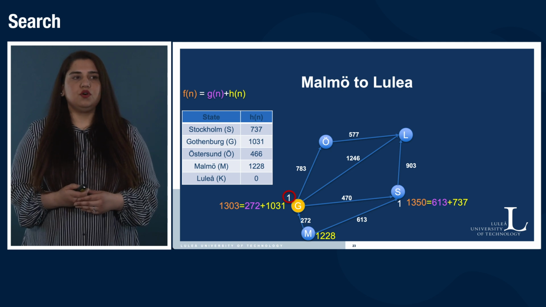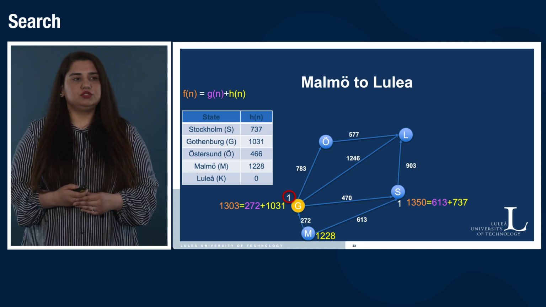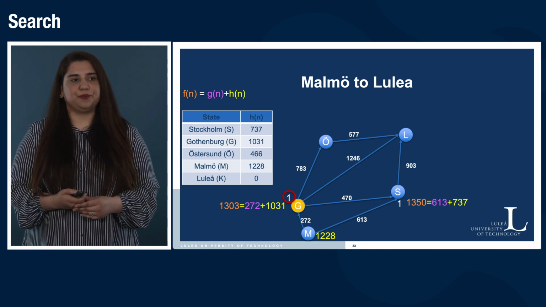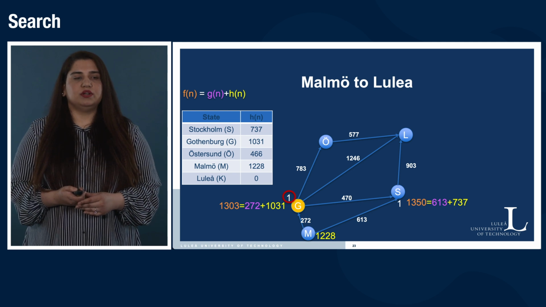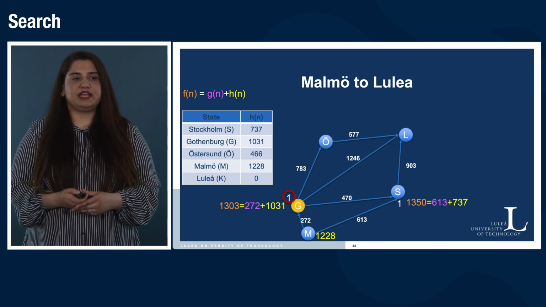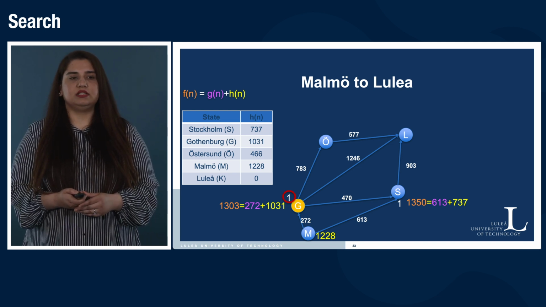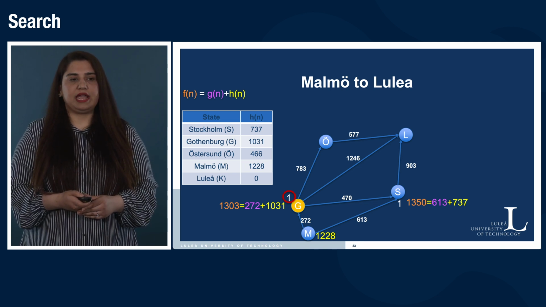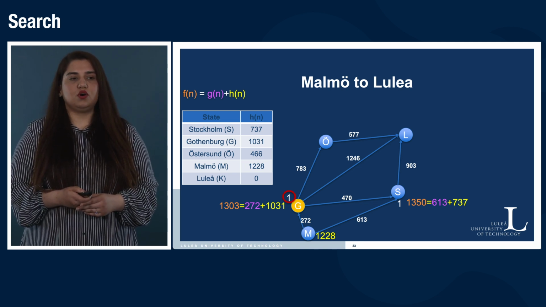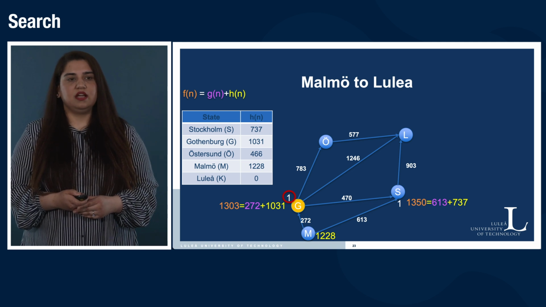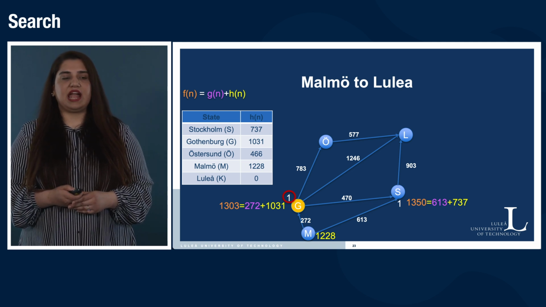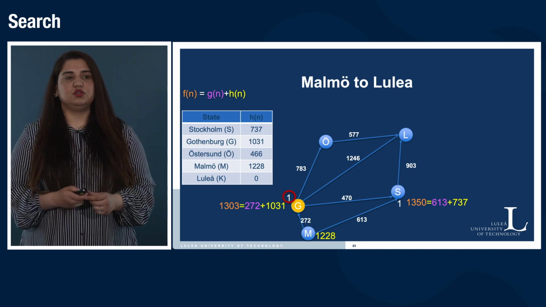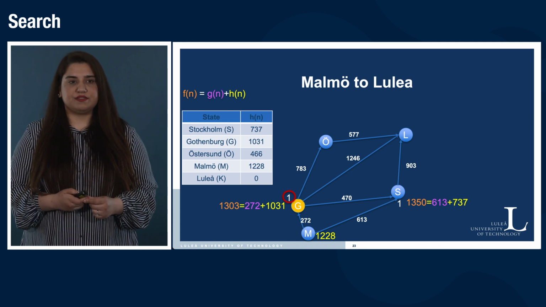So we have Stockholm, Gothenburg, Östersund, Malmö and Luleå. Let's see how it is going to take its action. As you see, if we start from Malmö, it has a cost of 613 to reach Stockholm, and on its edges to go to Gothenburg, 272.